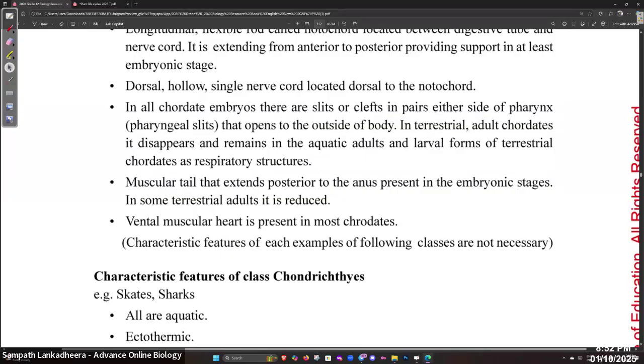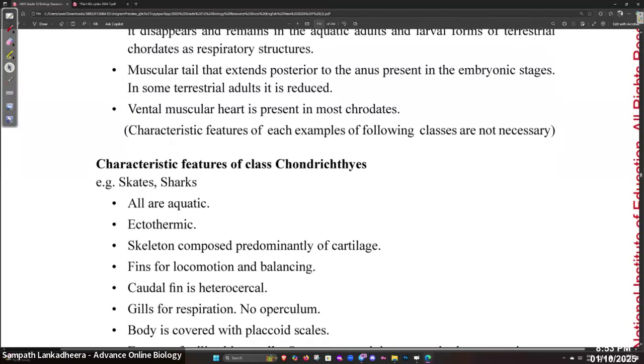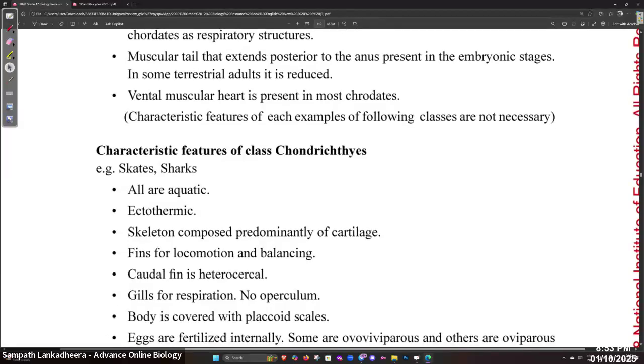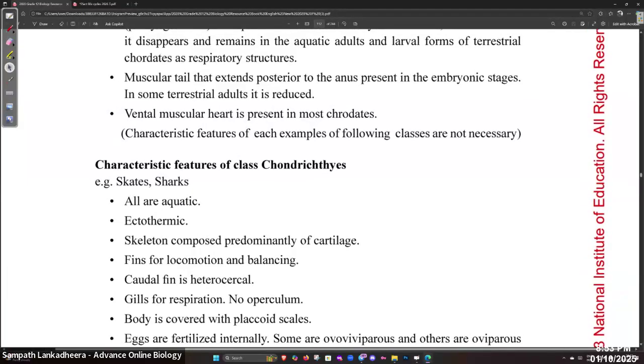In terrestrial adult chordates, it disappears and remains in the aquatic adults and the larval forms for respiration. What do you call that, people? Pharyngeal gill slits. And then a muscular tail that extends posterior to the anus is present in the embryonic stage, and in some terrestrial adults it is reduced. Ventral muscular heart is present. Ventral heart, right?